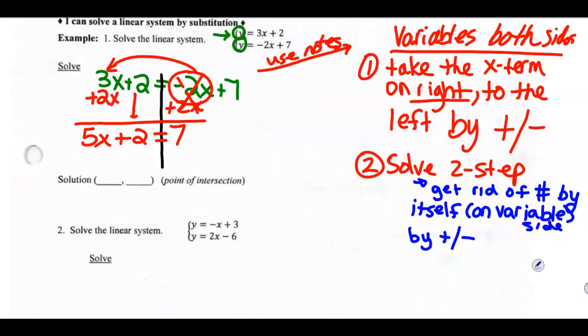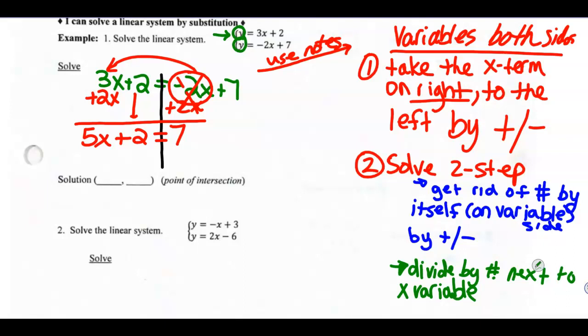Getting rid of addition or subtraction is first. Our second step is to divide by the number next to the x variable. That's how we solve a two-step equation always. We've been doing this for a while, but again, we might need a refresher.